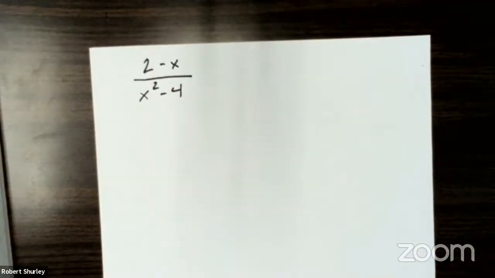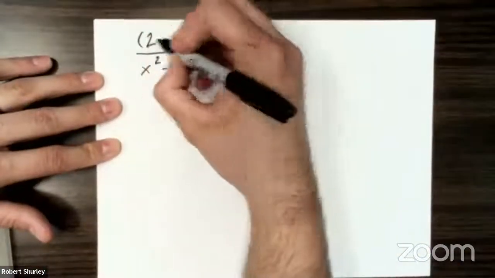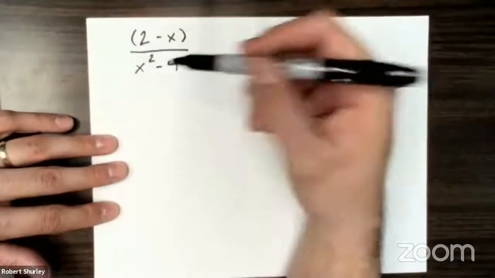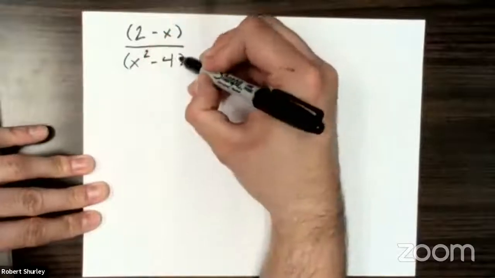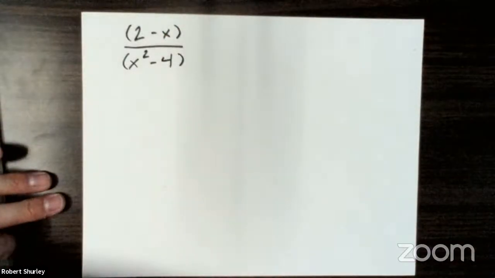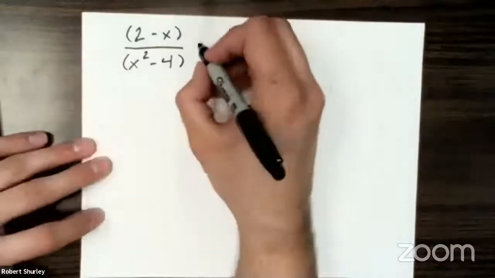Simplify completely. Well, the numerator doesn't simplify, right? 2 minus x, there's nothing that factors out. It's not a binomial, so it's not going to simplify. So the denominator, though, is x squared minus 4. Hey, this is one of those 5.6 polynomials, that special polynomial, where we've got the difference of squares.